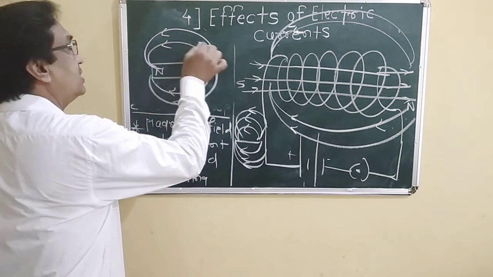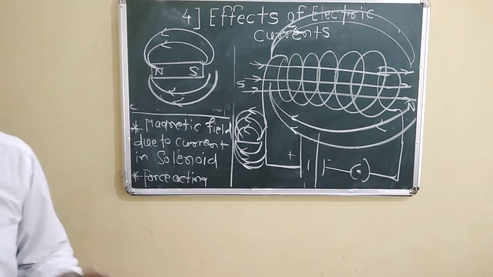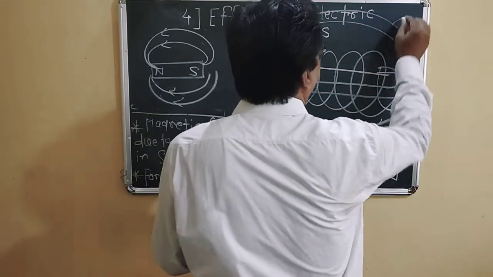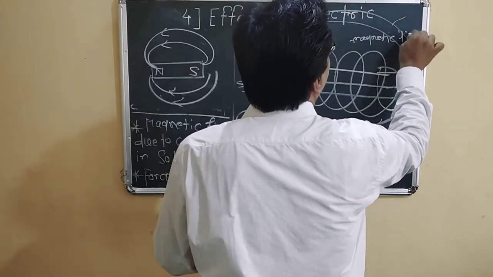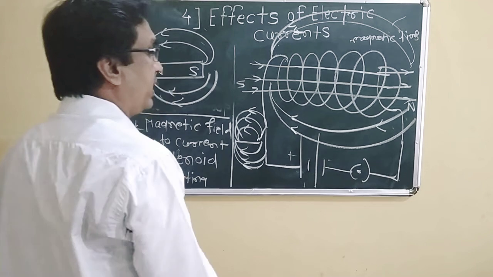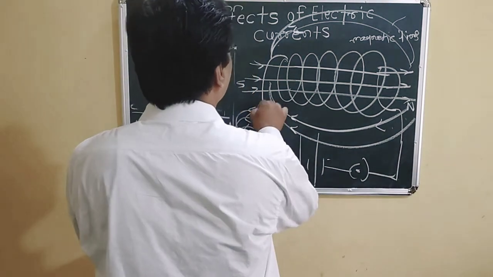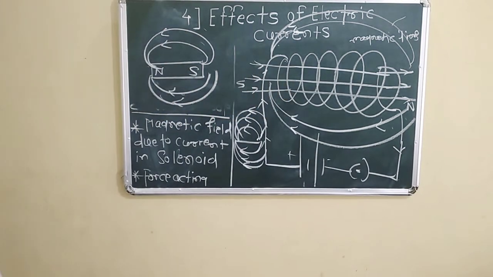In a bar magnet, lines of force are like this, and the same thing here; these are the magnetic lines. The magnetic lines are there, and the current is passing through like this.